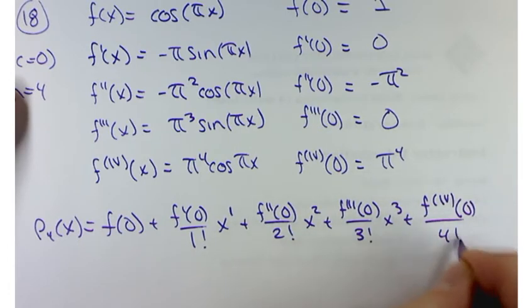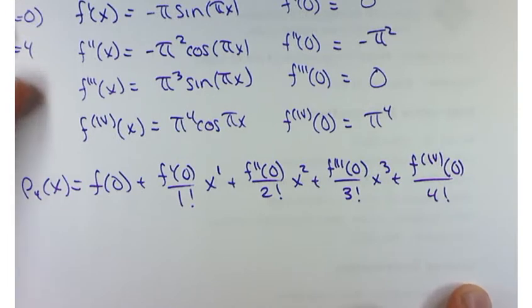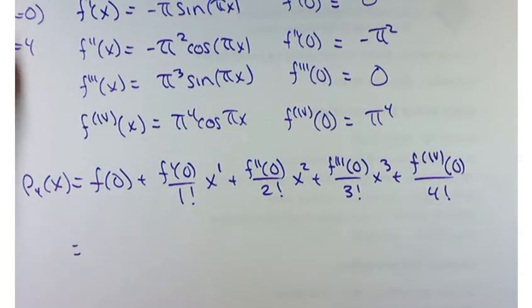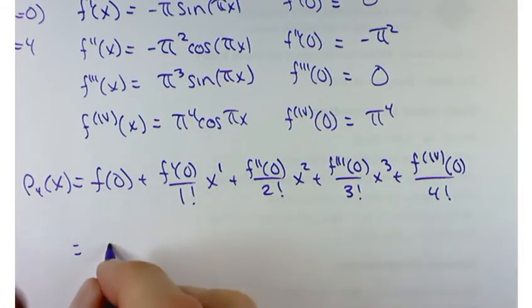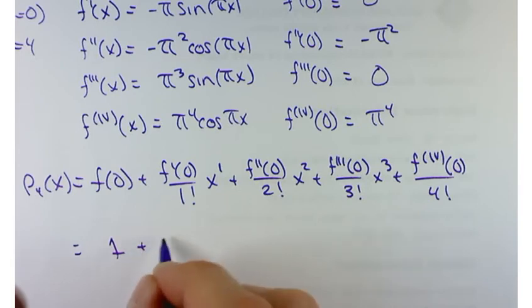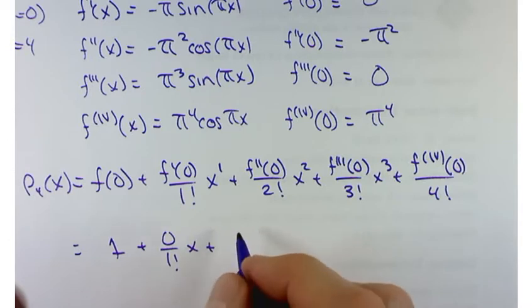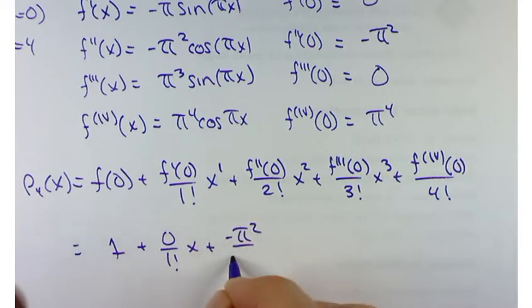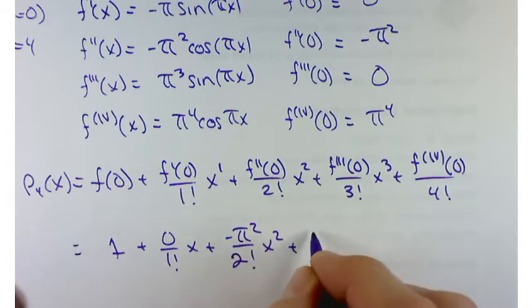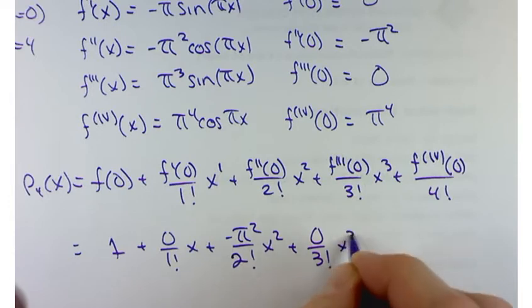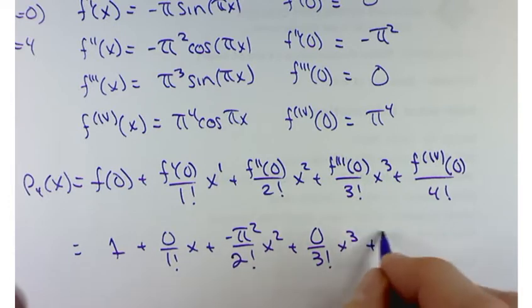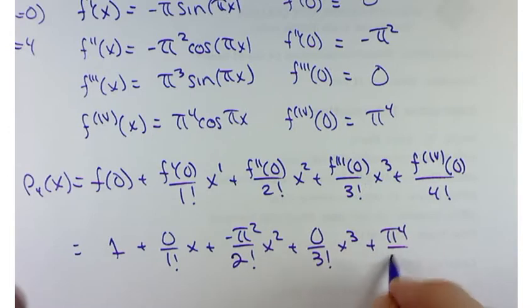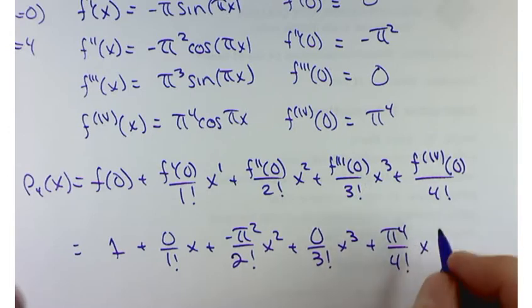You don't have to write it necessarily as you do these things in your homework. It does help a little bit, and it certainly helps me if I can follow your work a little bit better. F of 0 was 1 plus 0 over 1 factorial times x plus negative pi squared over 2 factorial times x squared plus 0 over 3 factorial times x cubed plus pi to the 4th over 4 factorial times x to the 4th.